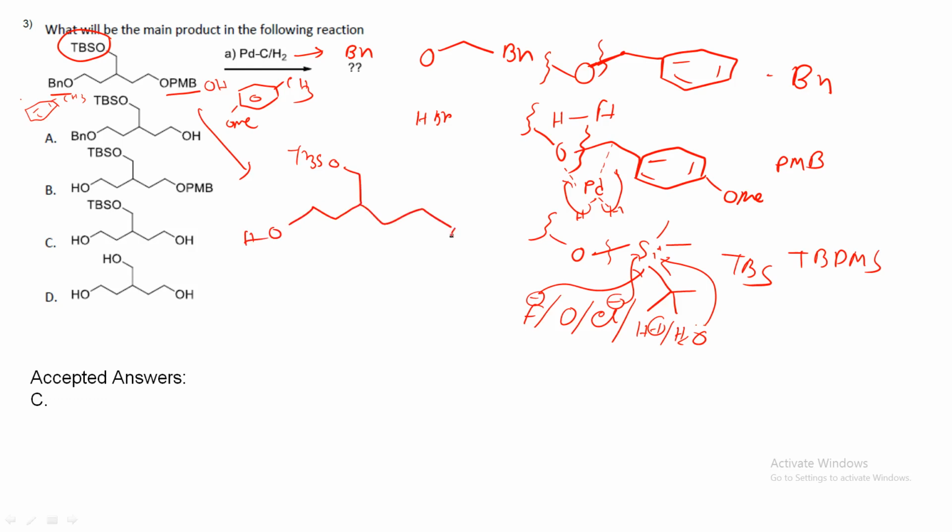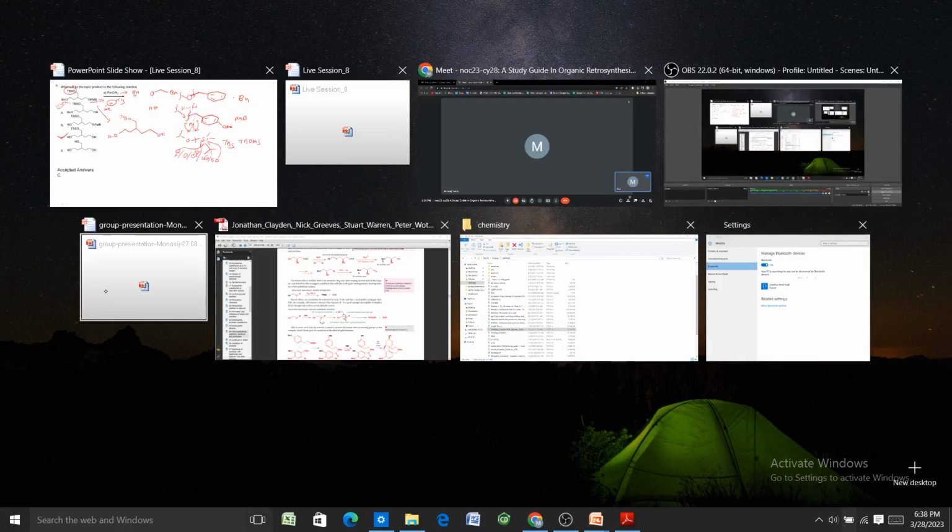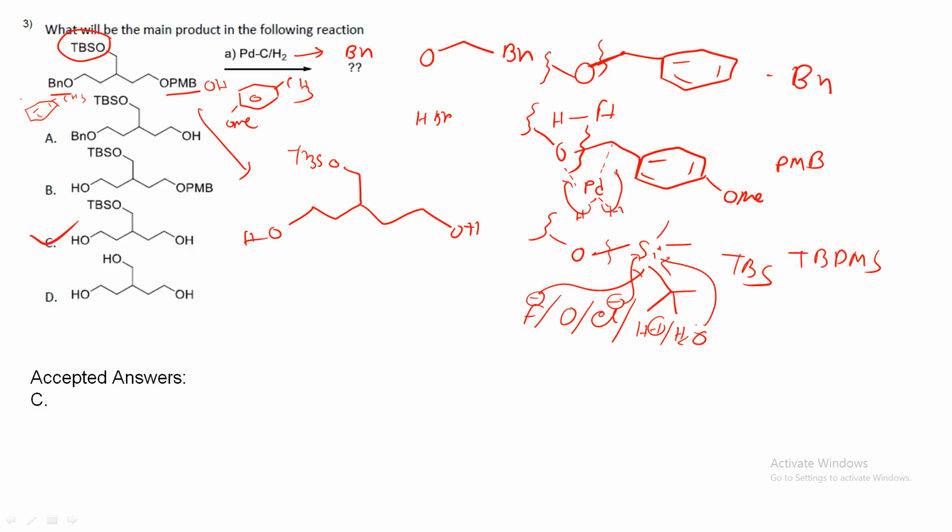Now if we correlate, C should be right. Here all of them have to be protected, so that is not right. This one is also not right, because the PMB group should be deprotected in this reaction condition, and OBn cannot survive this reaction condition. So C should be the right answer.